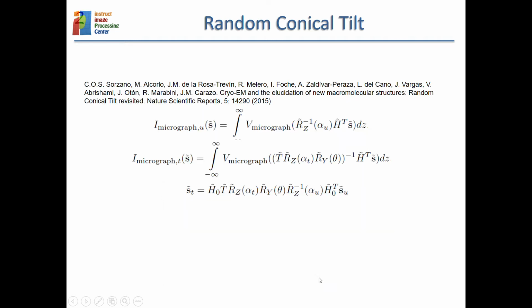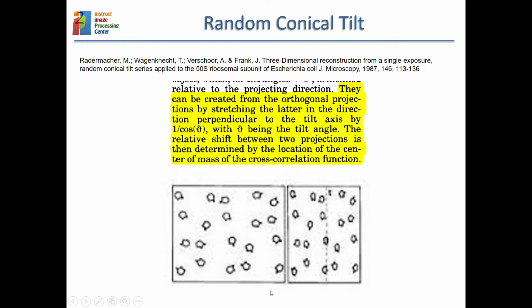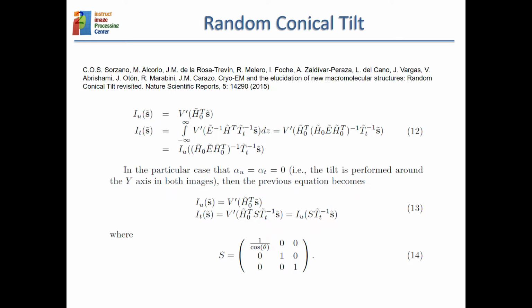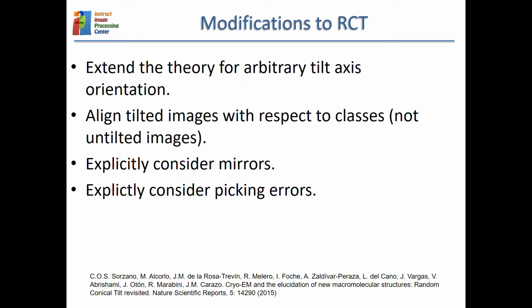All the complication here is due to the fact that the axis doesn't need to be vertical; it can be arbitrary. But the idea is that by finding these correspondences and knowing the tilt angle between the two data sets, you can successfully reconstruct. Again, the details can be rather cumbersome.